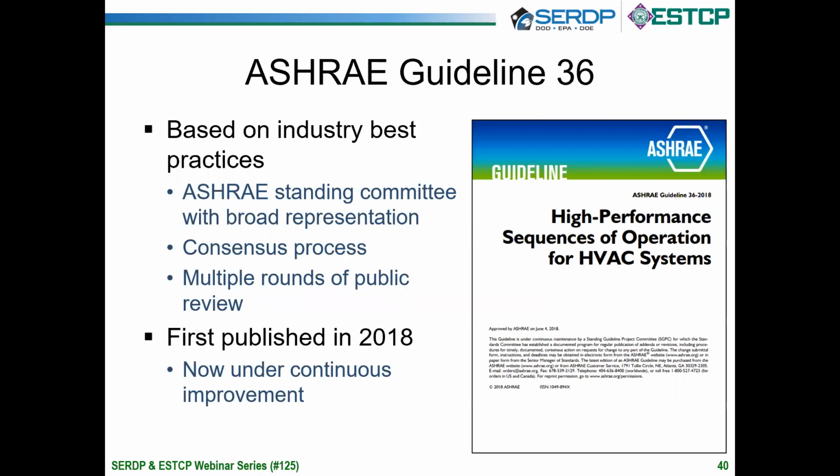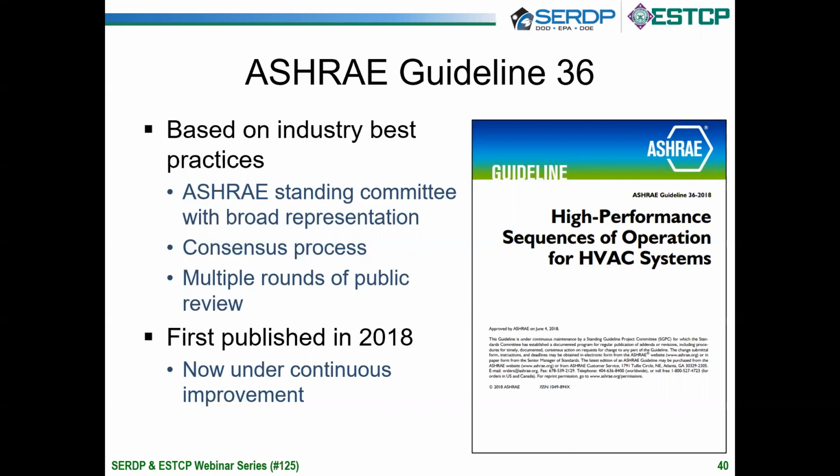So the guideline is titled High Performance Sequences of Operation for HVAC Systems. It was developed by an ASHRAE committee, and we introduced ASHRAE previously. It contains narrative descriptions of building automation system control logic. The guideline is really based on industry best practice control sequences that have been developed over many years with input from controls manufacturers, specifying engineers, commissioning agents, and many others.